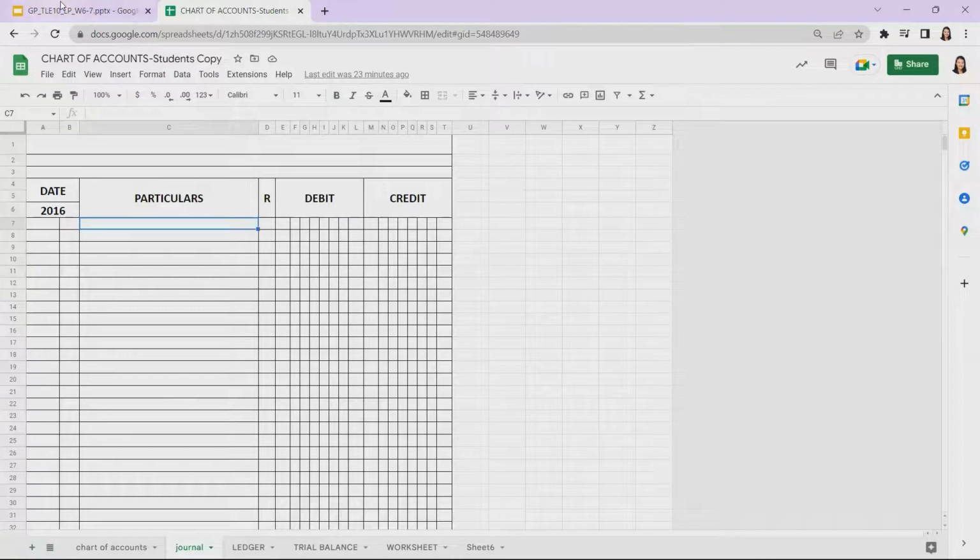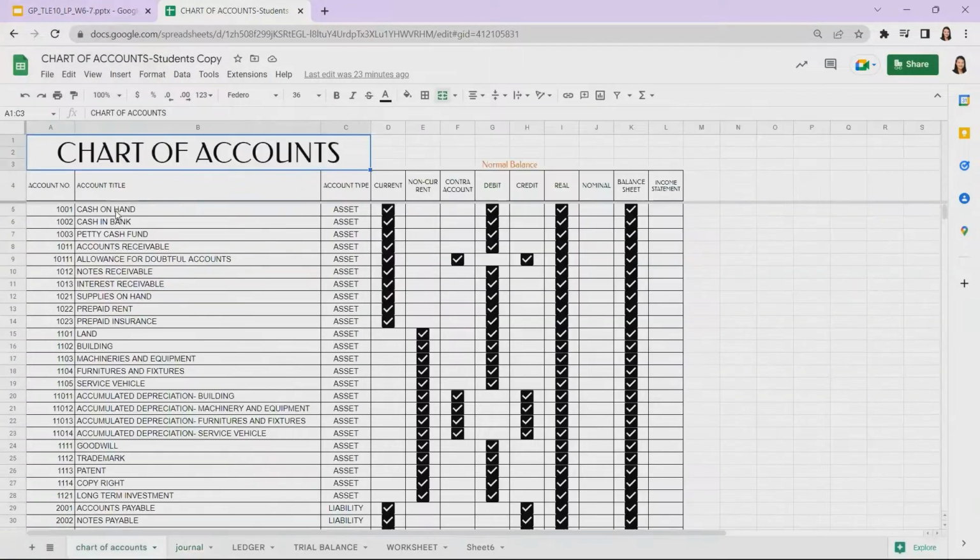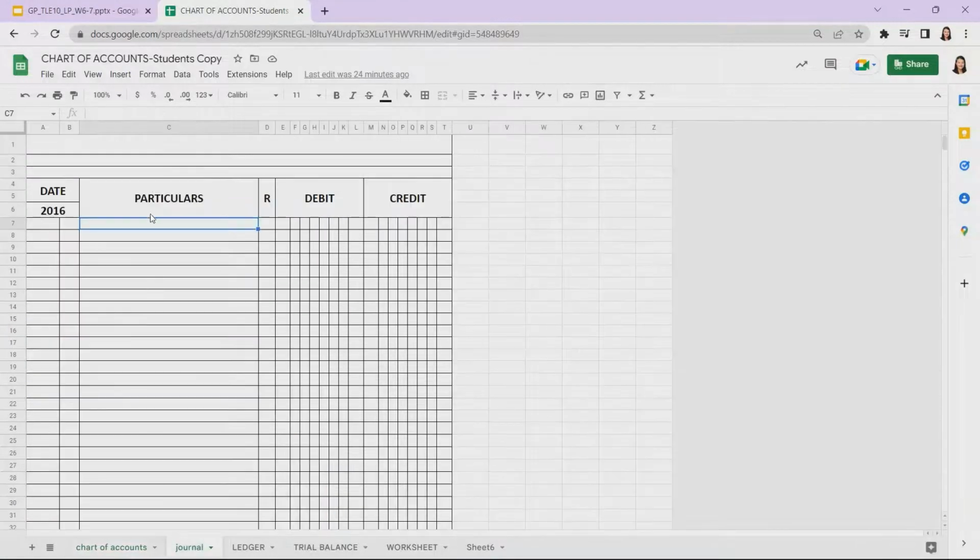First, we have cash. What type of account are we going to use? Let's check the chart of accounts file. We have here cash on hand. We're not going to use the cash in bank account because we only use the cash in bank account title if it is written in the business transaction that you have used a check.